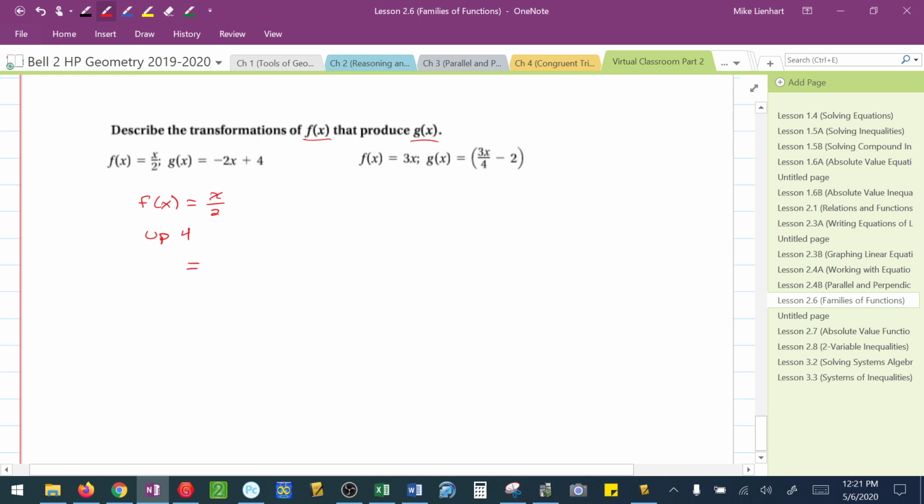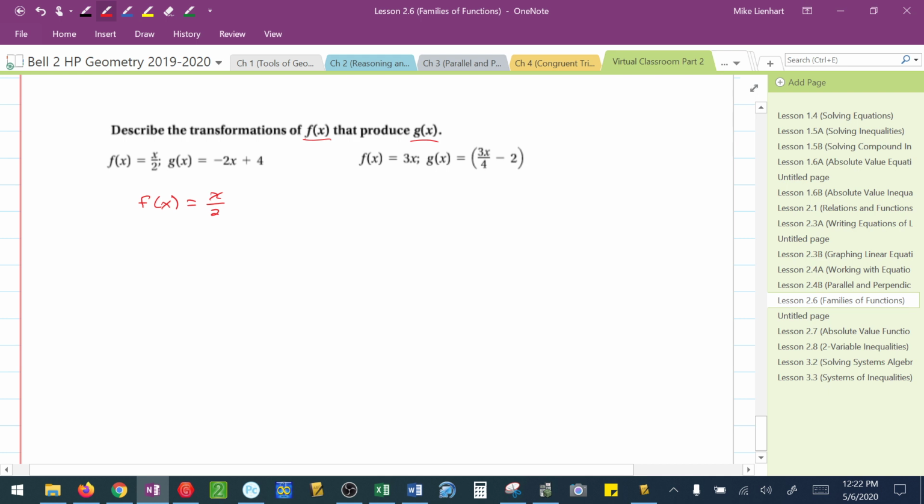So my new function becomes x over 2 plus 4. Actually, let's do it this way. If we take the x over 2 here, the first thing that I want to do is find out this negative 2x.